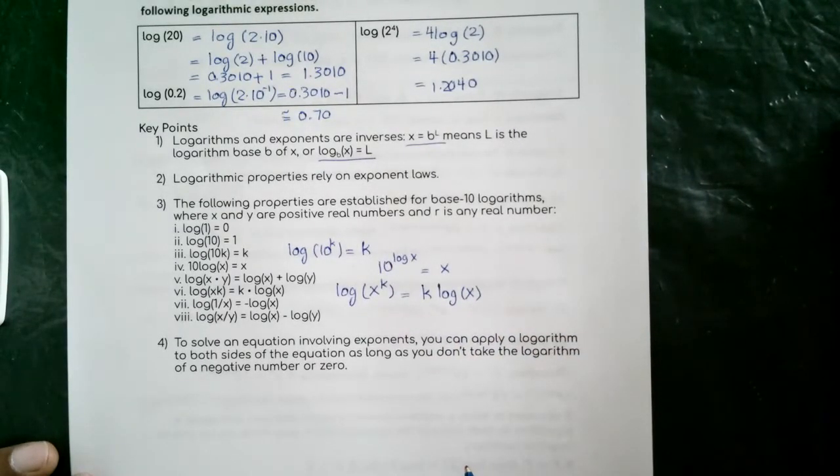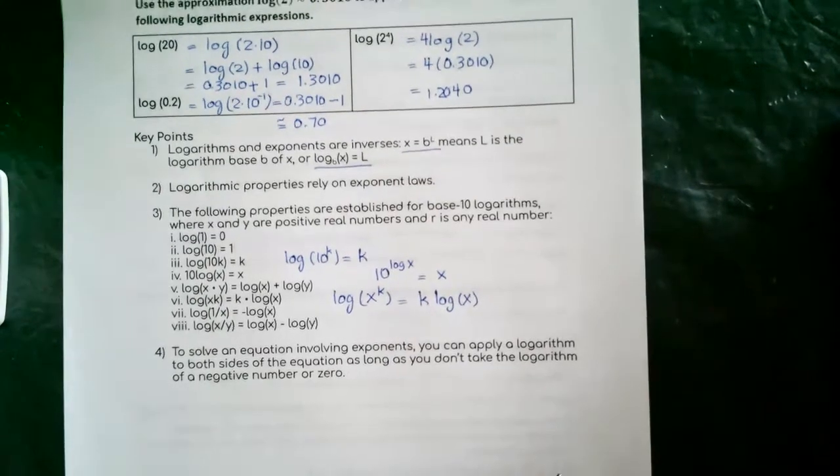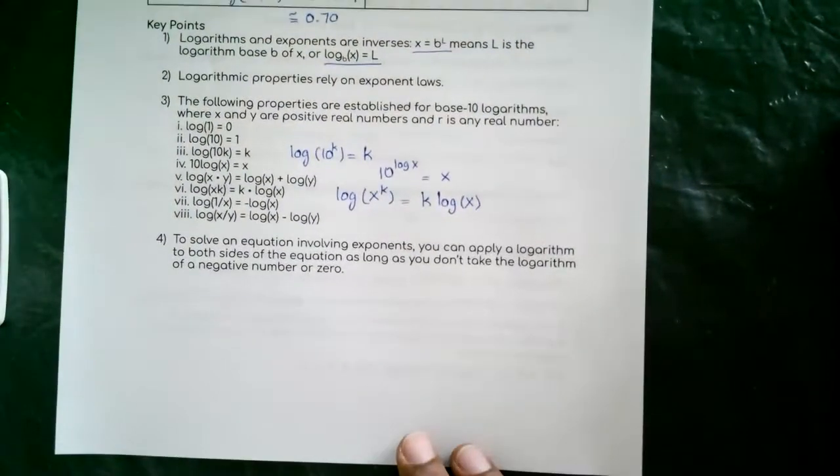Then log of 1 upon x is negative log of x. Log of x upon y is equal to log of x minus log of y. So all these properties are very important, and we will make use of these properties while solving logarithmic equations.